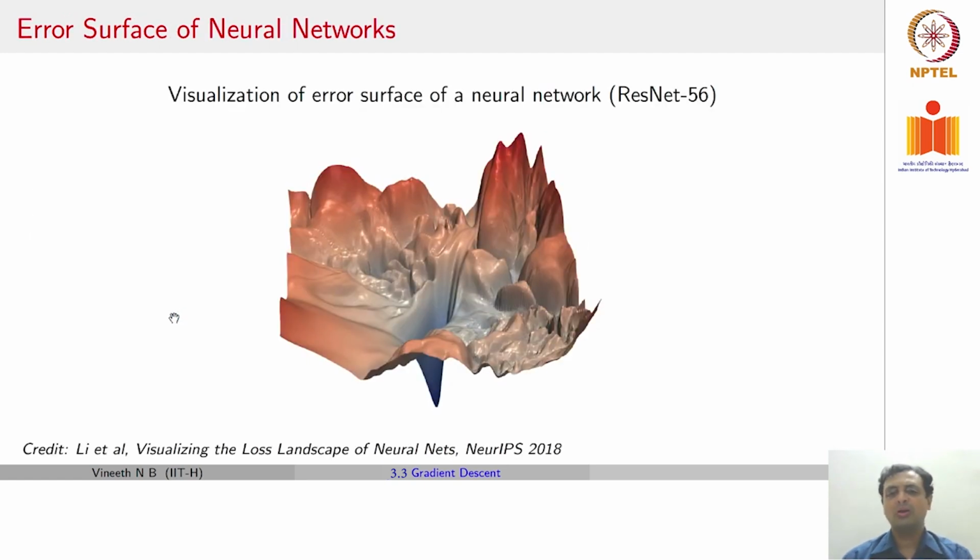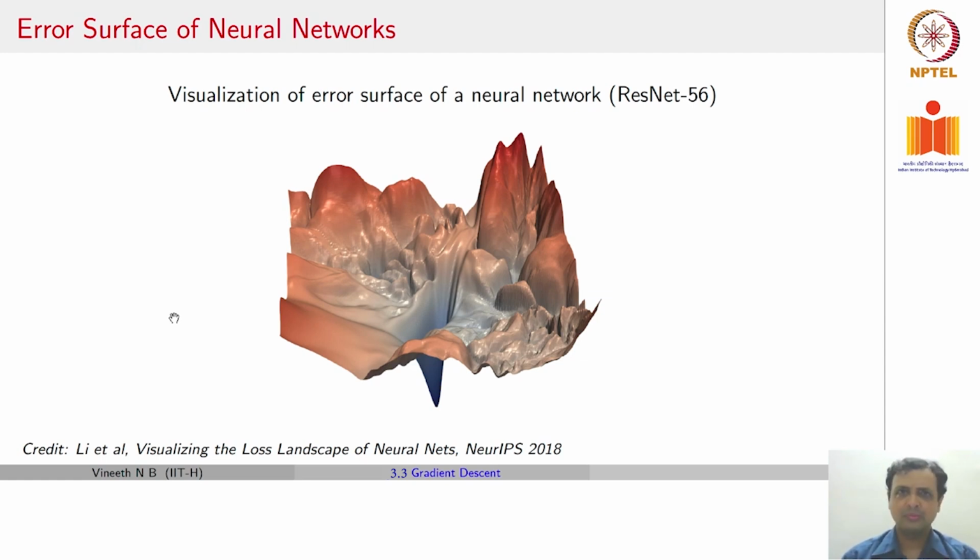Now let's move on to understanding what is known as the error surface of neural networks. The error surface of neural networks is simply a plot of all your parameters of the neural network versus the corresponding cost value or the loss function value that you have.